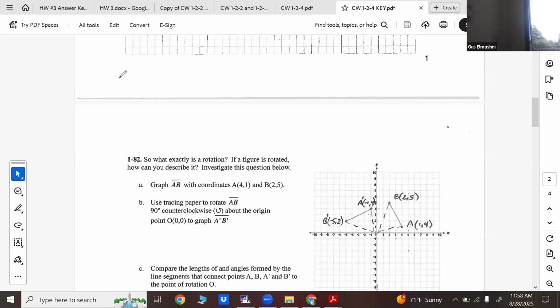So we do the same for this one. But for that, I went 90 degrees counterclockwise. So we did that. And then here, same thing again, we'll draw those.